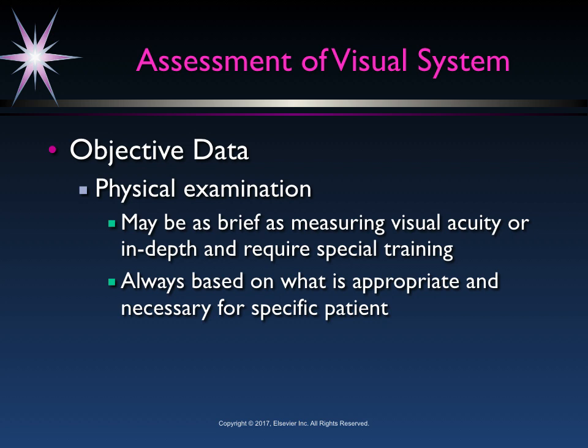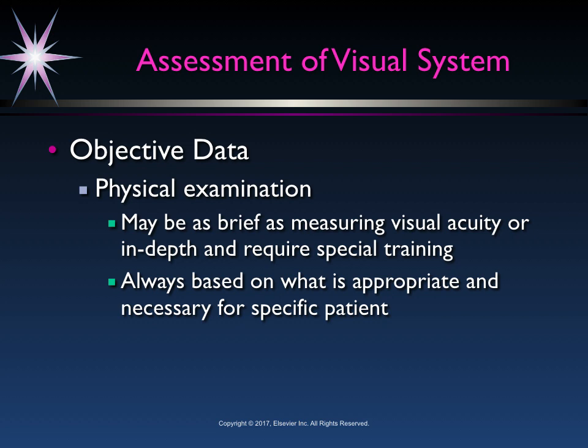When we look at objective data, the physical exam is important. And in this case, we're looking at the eyes. We're not really thinking about the whole body when we're talking about the physical exam here. So it might be as brief as measuring visual acuity or in-depth and requiring special training.